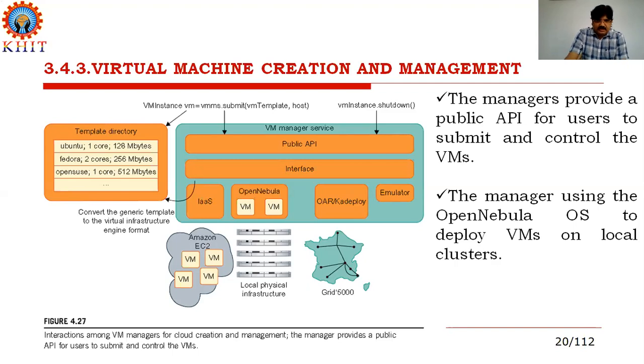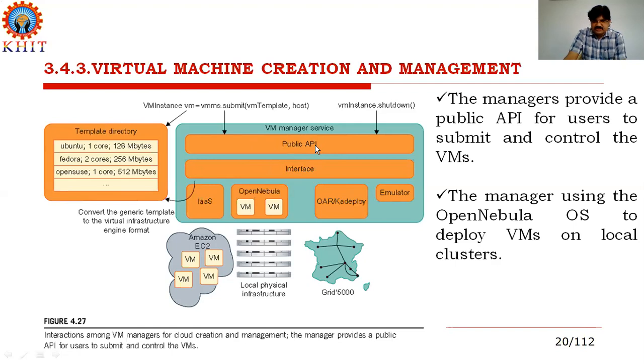If you consider the diagram here, there is a virtual machine manager. The virtual machine manager provides a public API, a public application programming interface, that is provided to the end users to submit and control the virtual machines.